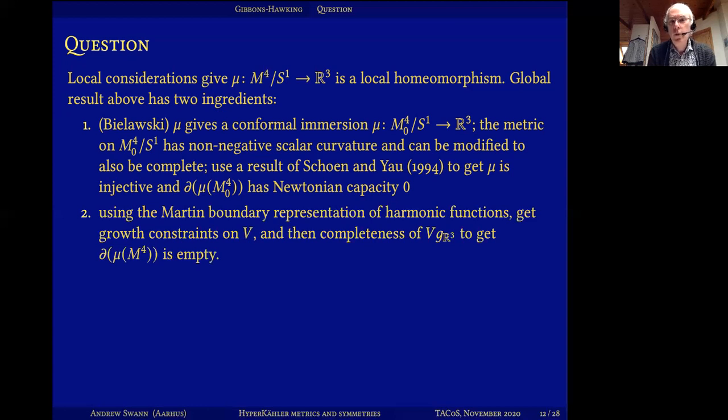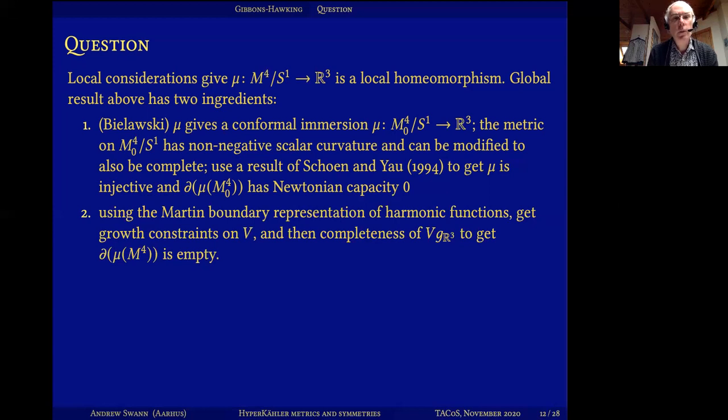So then you need to use some potential theory, so harmonic analysis in R3. What turns out to work in the infinite case is to use the Martin boundary representation of positive harmonic functions to get growth conditions on the V. And then you can put those into estimates from the completeness condition you have on your metric to show that this boundary of the image is actually empty.